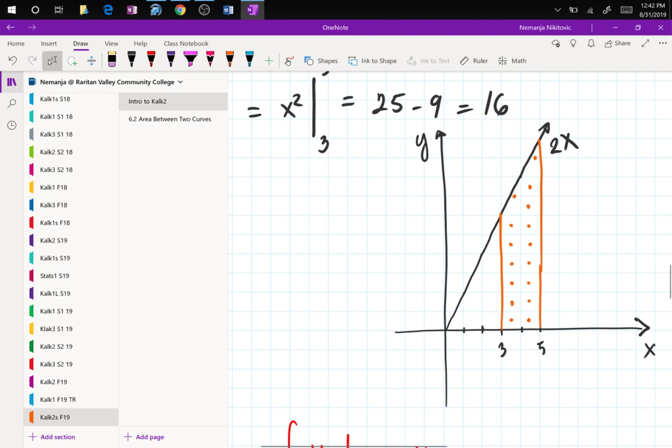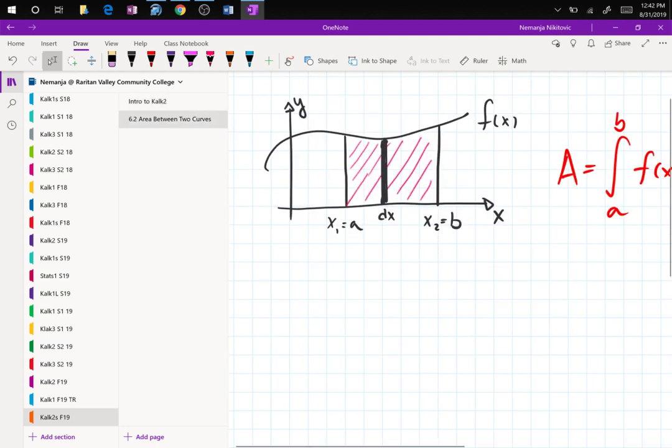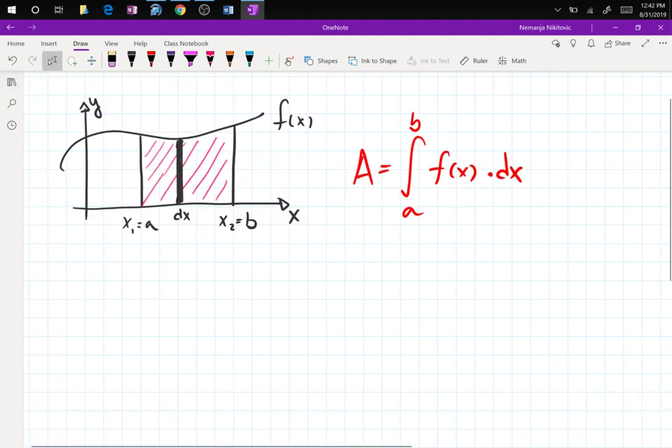Now, the functions obviously can be anything. You can do square root of x, you can do ln, you can do trig, right? All of these things. The goal for today, for Calc 2, is to teach area between two curves. You see that your bottom is flat over there, right? It's the x-axis. But what happens if you have a function on top and then another wavy function on the bottom?